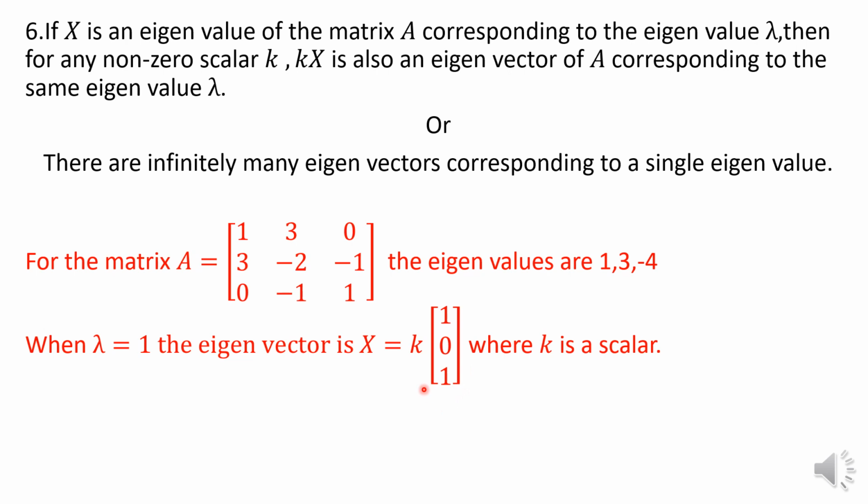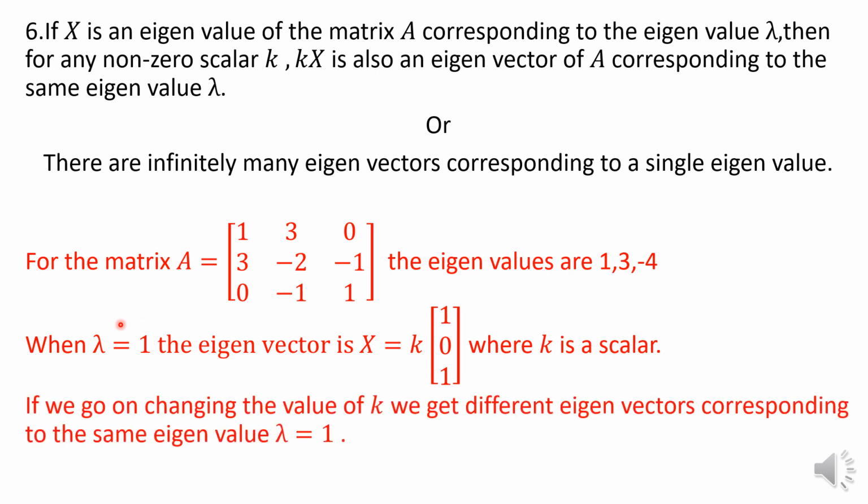That depends upon the value of k. Go on putting values for k, you are going to get infinitely many eigenvectors corresponding to the same eigenvalue. That is what the property says.